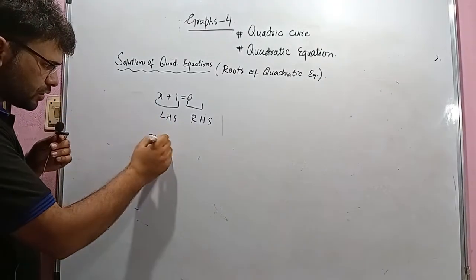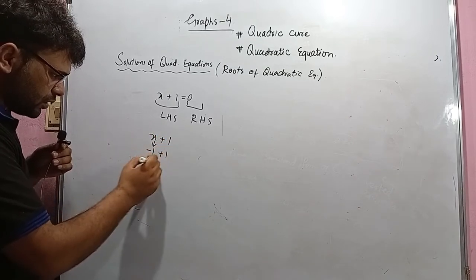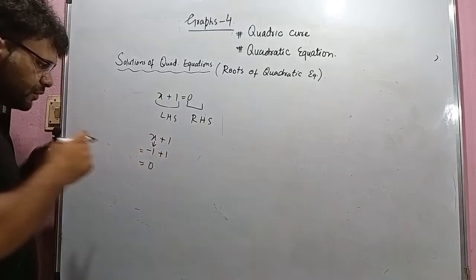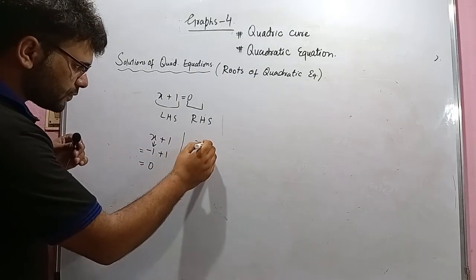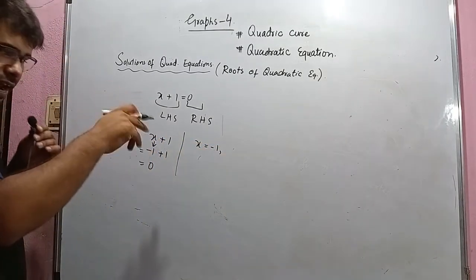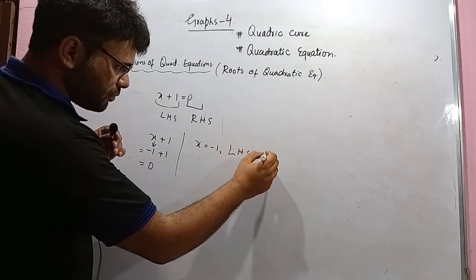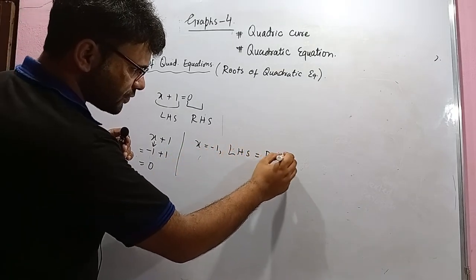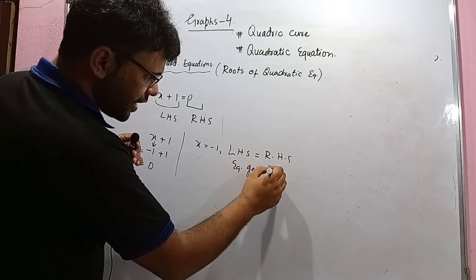In x plus 1, if I put minus 1 in place of x, minus 1 plus 1 will become 0. So I can say when x is equal to minus 1, at that point in the equation LHS becomes equal to RHS. That means the equation gets satisfied.